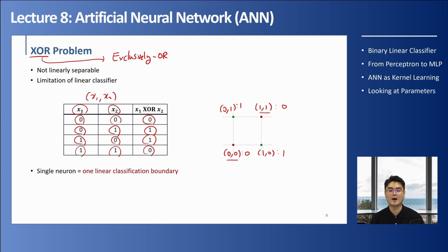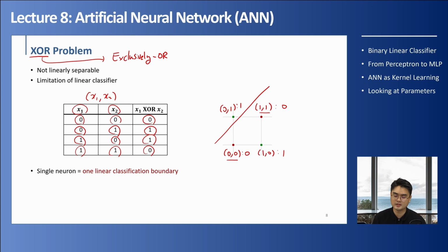So here, however, let's say that we want to do some classification in this problem. And let's try to imagine how we can do this. And actually, there's no way to do this using a single classification boundary. For example, if we draw some line like this one, we can't correctly classify our green class and our red class because this green class will belong to the same class as these red class.